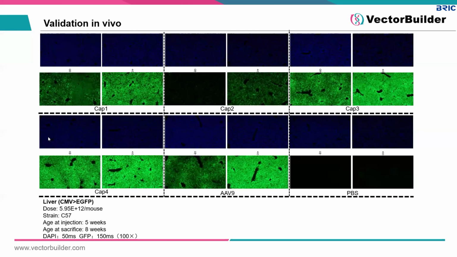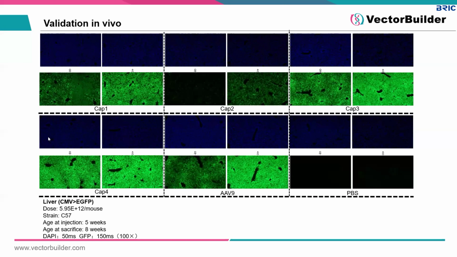As we know, the AAV9 is capable of transducing the liver tissues as well. But in this study in particular, we actually don't want the mutants to be that powerful at transducing the liver tissues, because these are considered off targets. So let's look at the CAP2.